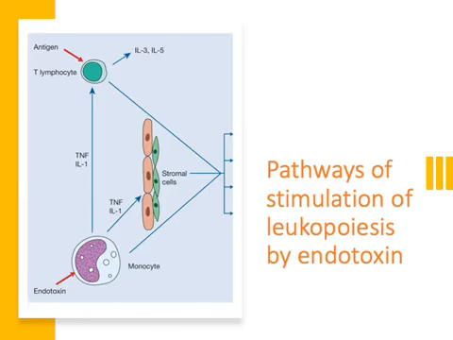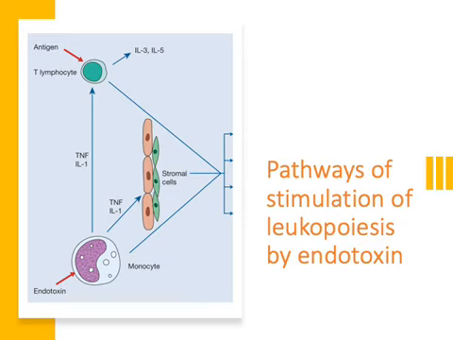During times of infection, granulocyte production is increased by the effect of your endotoxin that stimulates the monocytes as well as the T lymphocytes to express the different cytokines that eventually stimulate more granulocyte production.